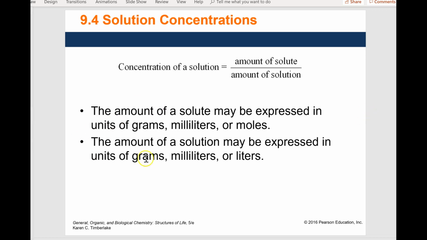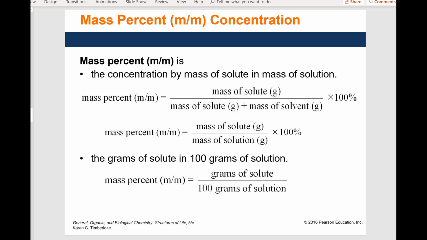And depending on how we choose to express those units, we get different concentrations. So you can have what's called a mass percent concentration, which in that case you're going to have grams of solute over grams of solution. And the grams of solution is going to be the mass of your solute plus the mass of your solvent, times 100%.